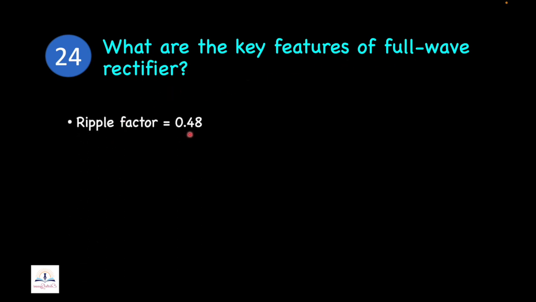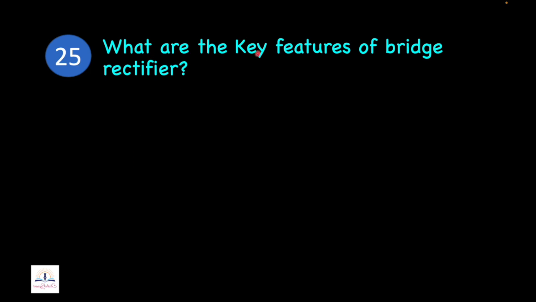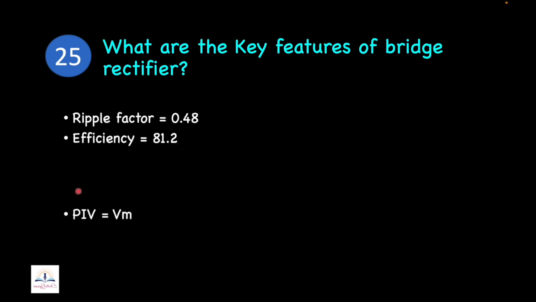So, ripple factor is 0.48, its efficiency is 81.2%, and peak inverse voltage is 2 Vm. What are the key features of the bridge rectifier? So, here again the ripple factor is the same as we have seen in the full wave center tap rectifier, that is 0.48, efficiency is the same 81.2%, but peak inverse voltage is Vm.